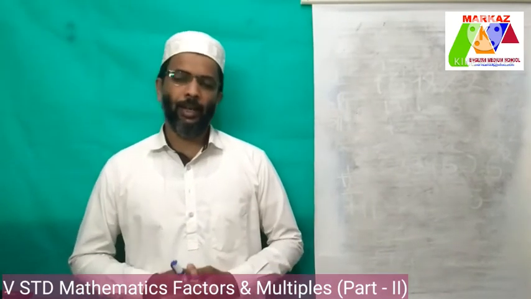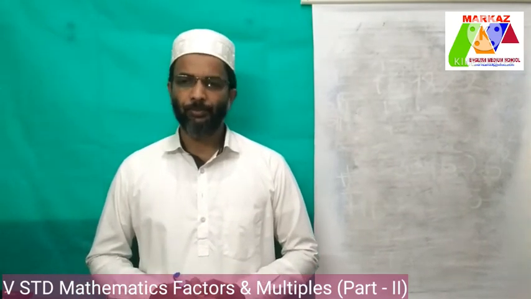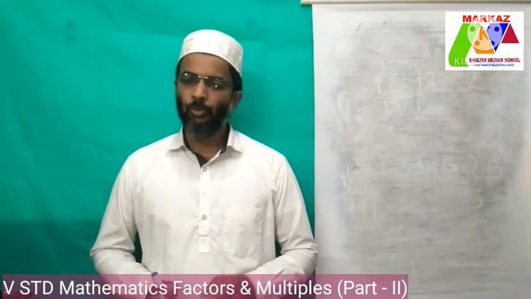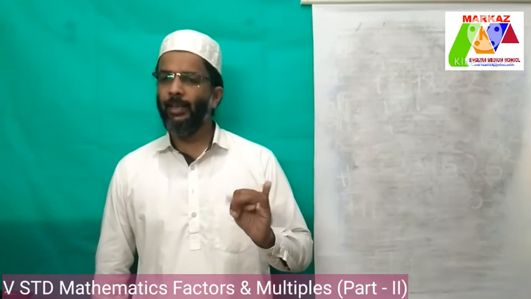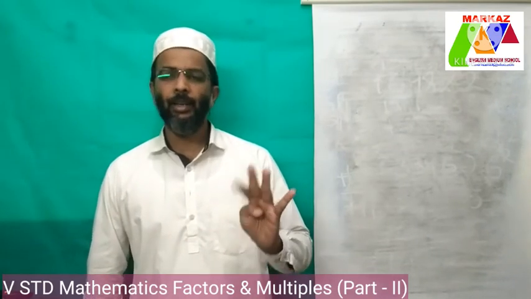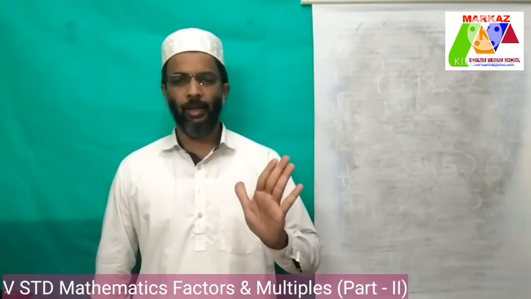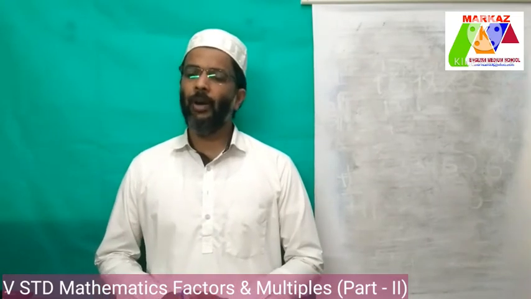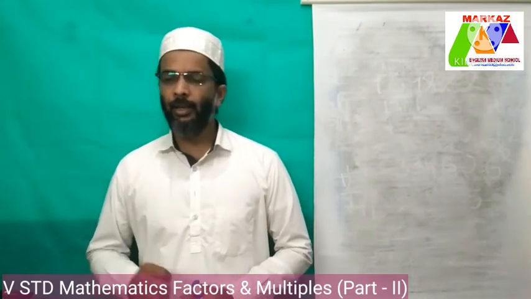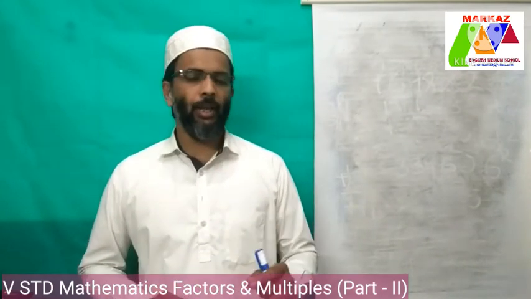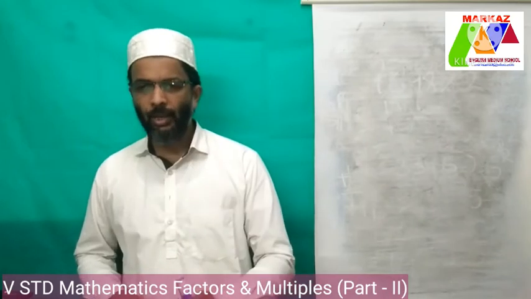Write the first 10 prime numbers. 2, 3, 5, 7, 11, 13, 17, 19, 23, 29. Write first 10 composite numbers: 4, 6, 8, 9, 10, 12, 14, 15, 16, 18.